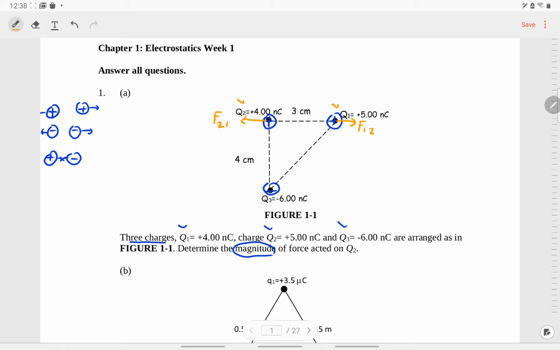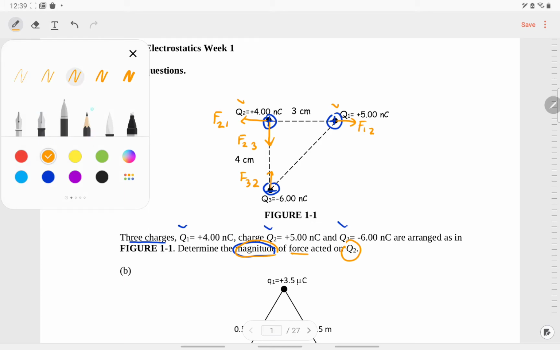Kalau untuk Q2 and Q3 pula, dia adalah positive and negative, so dia akan attract. So attractive force macam ni lah. Kita label force exerted on 2 by 3, so ni akan jadi force exerted on 3 by 2.